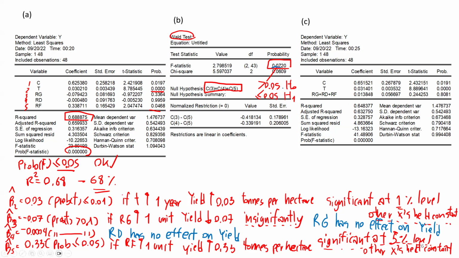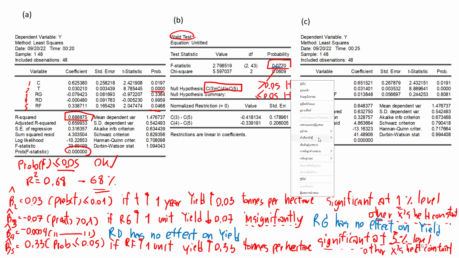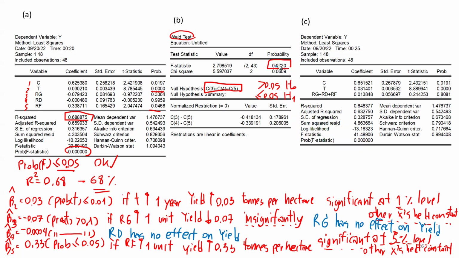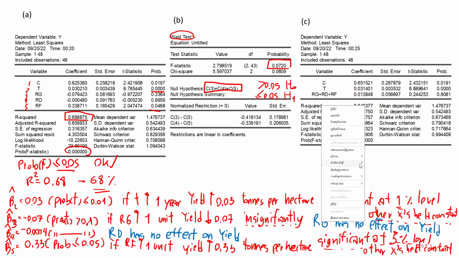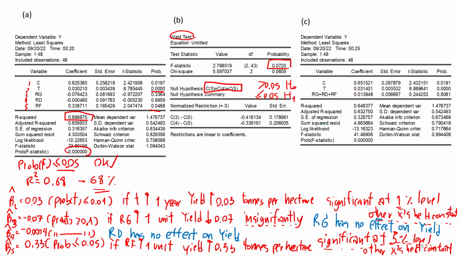Is 0.07 greater than 0.05 or less than 0.05? Yes, it's more than 0.05.